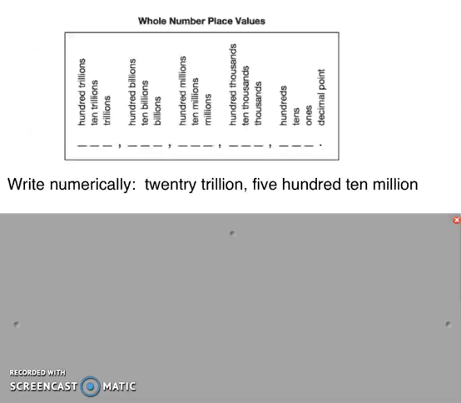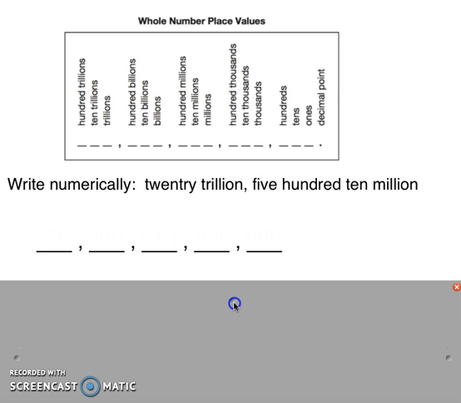We're going to move on to writing numbers. So if I give you some words, could you write that number as a digit? So I want 20 trillion, 510 million. So it's helpful to kind of go back and look and say, okay, trillions are right here, and then millions, I'm going to skip over my billions, millions are right here. So I really like to set it up with as many sets of all the spaces between the commas, basically.